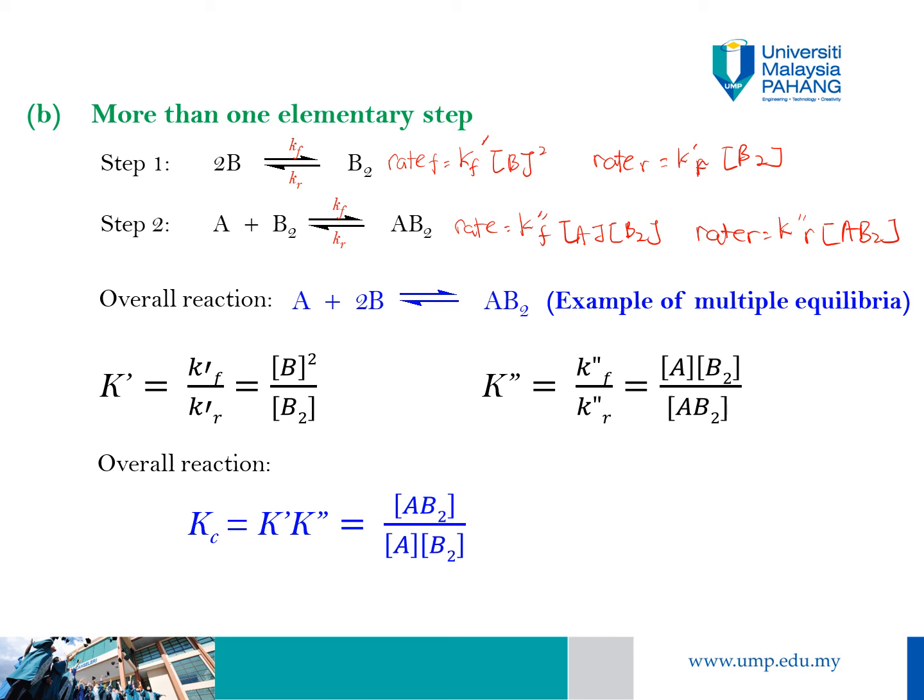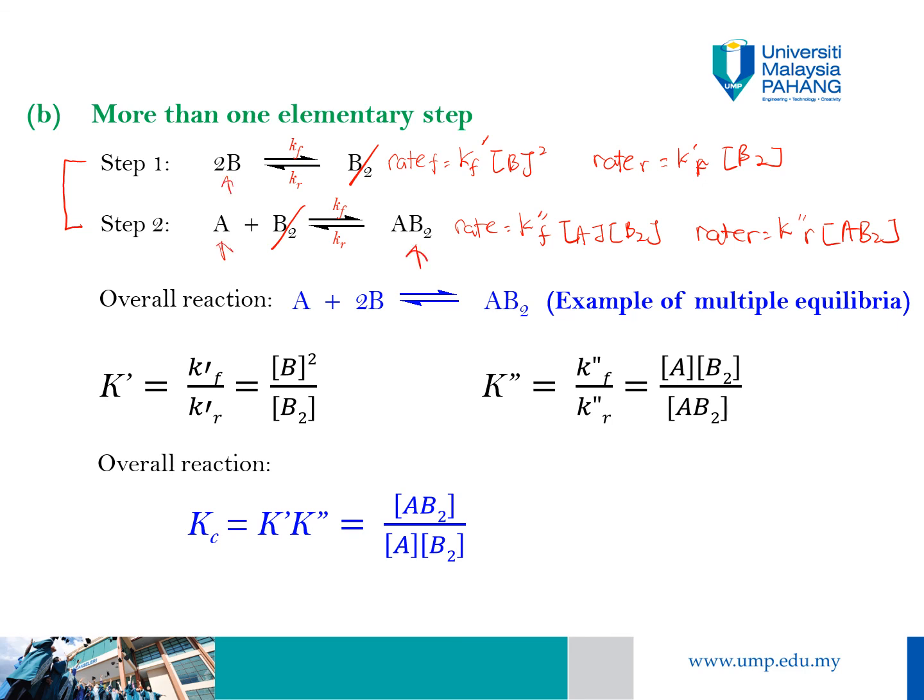So the overall reaction is equal to the summation of step 1 and step 2. So we can cancel here, and we get A plus 2B producing AB2.